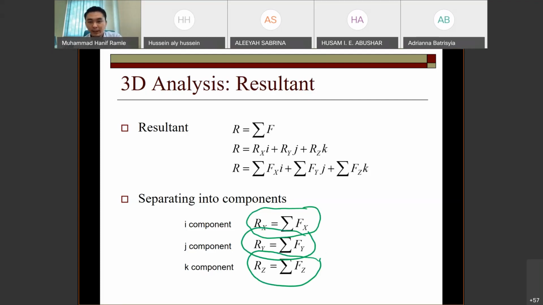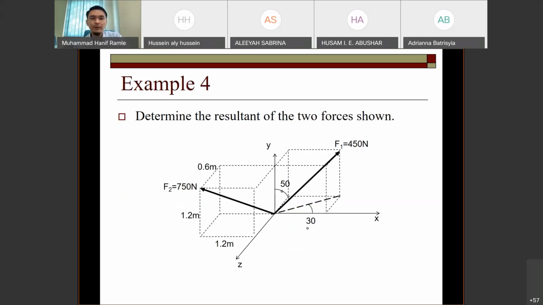If you have two forces on the system and the question asks you to find the resultant, then you have to use the resultant equation. Basically, you have to provide the x, y, z components first before summing up everything.